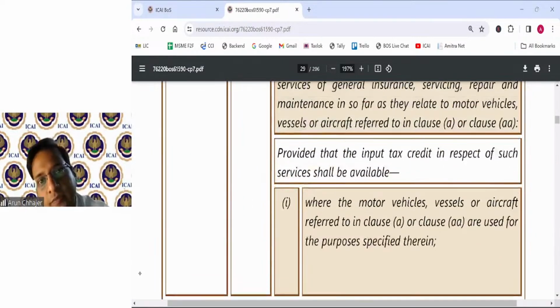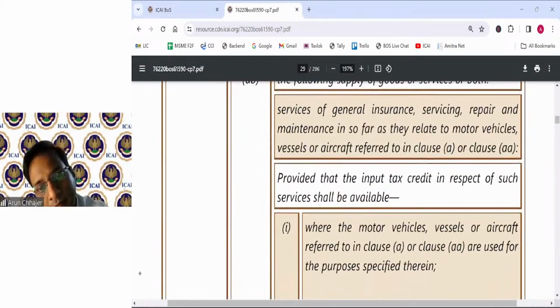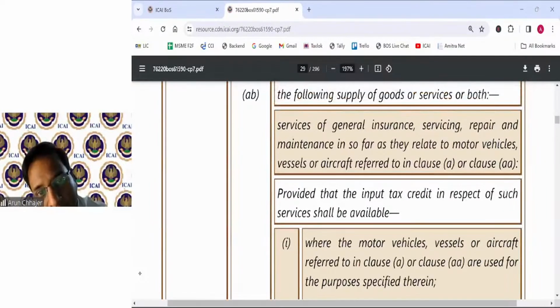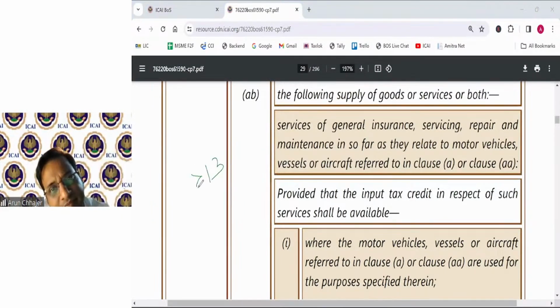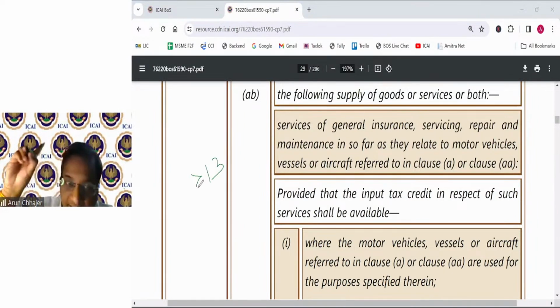Further, it says, again, general insurance service, repair, maintenance is under the block category normally. If it is covered in that exception, the clause (a) or clause (aa) exception, it means if the vehicle is more than 13-seater, then vehicle ITC is allowed.